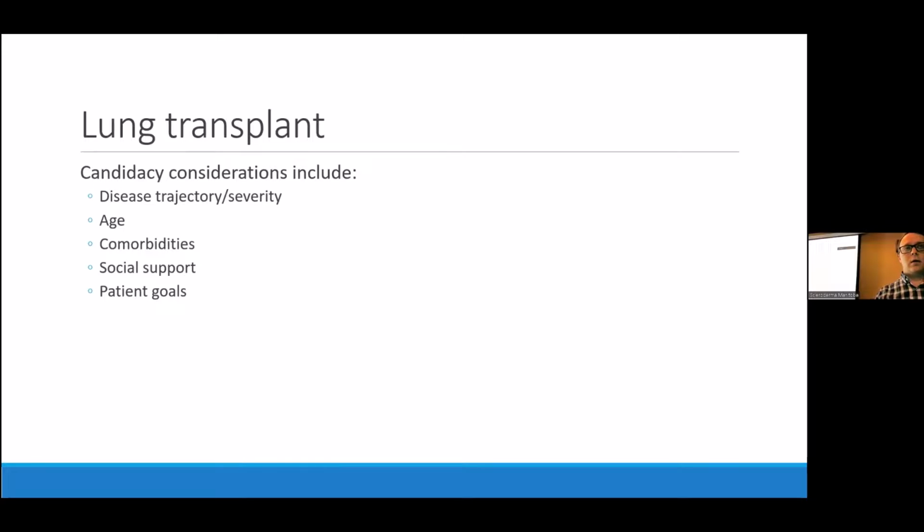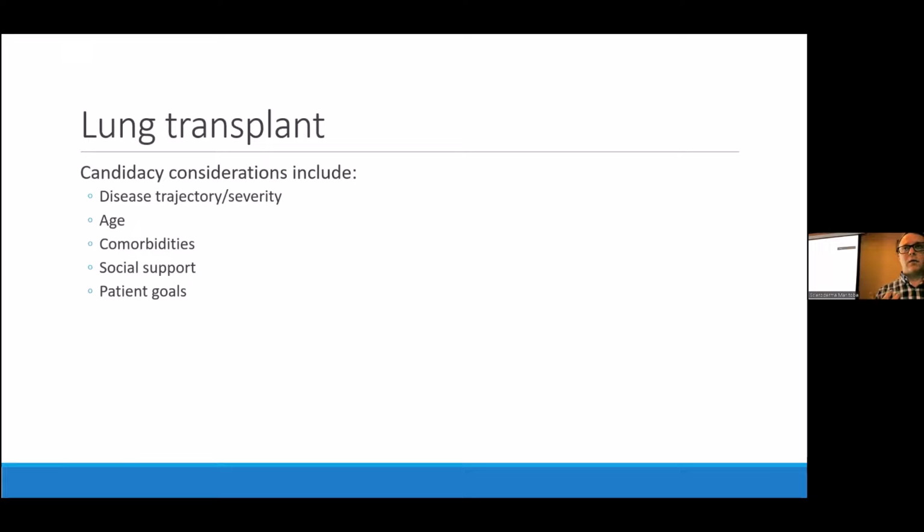And so the things that go into a lung transplant evaluation are how quickly the disease is progressing, how severe that progression looks like, how old the patient is, unfortunately, is a reality of that assessment. There is a bit of an age cutoff with our transplant center in Edmonton. What other organ comorbidities or what other manifestations of the disease one might have.